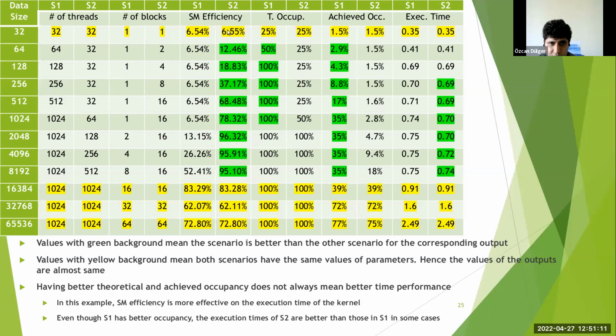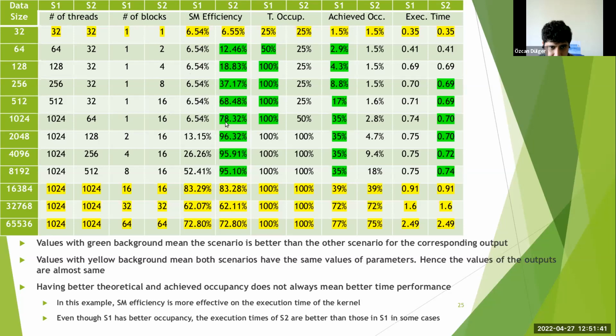As you see, the SM efficiency of the second scenario increases because the number of blocks increases. But in the first scenario, the number of blocks is 1 until the data size is 2^11. So as you see, the SM efficiency of the first scenario up to 2^11 is very low, which is 6 here, very, very low.